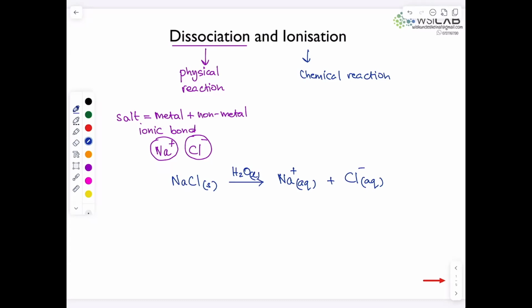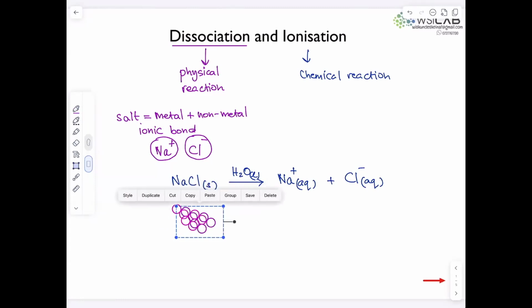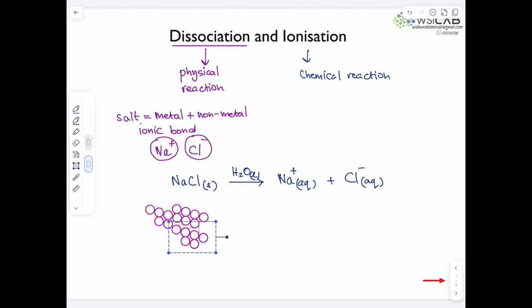So what happens is, I'm going to make the sodium ions pink, and the chlorine ions I'm going to make purple. I'll show you an animation in just a second. So let's just duplicate that. Boom. So look at this structure. There's all the chlorines in purple and all the sodiums in pink. Can you see that, Gabby?